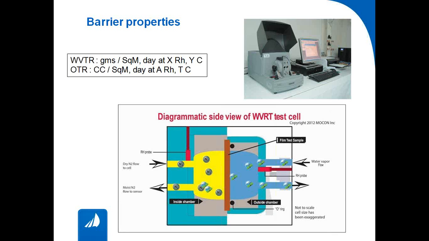One thing is important to remember: depending on the RH and the temperature of testing, these barrier values keep on changing. So considering the actual application area, the country where it's going to be used, we have to ensure that we use test temperatures and RH which are applicable for that particular application.